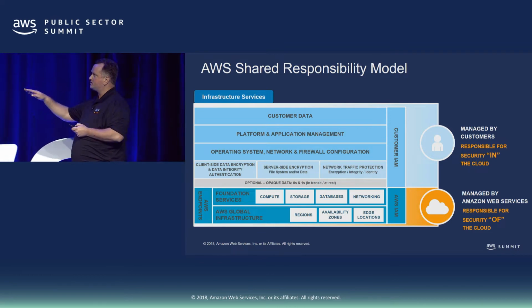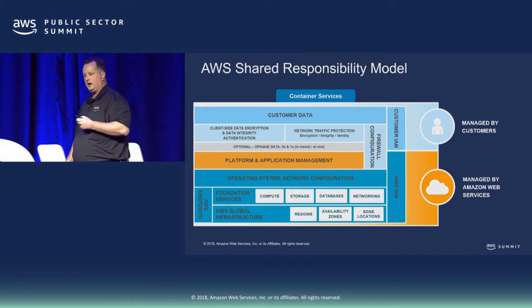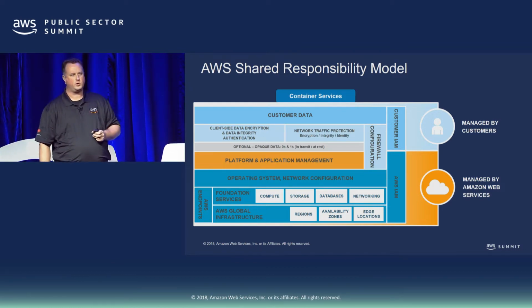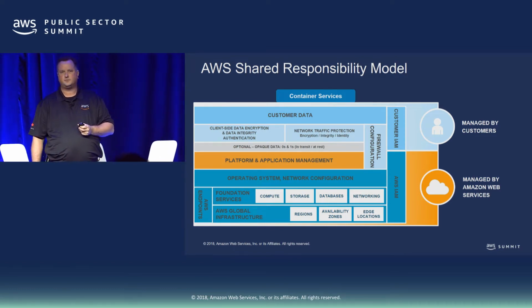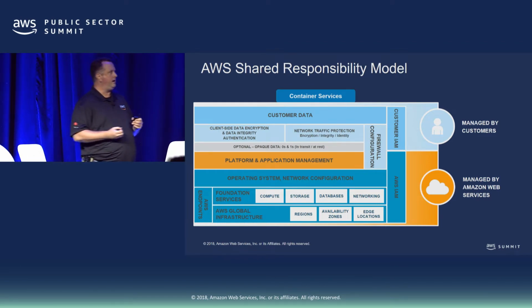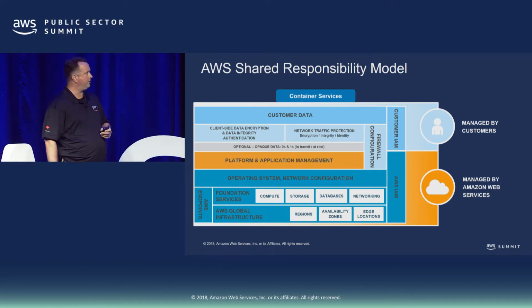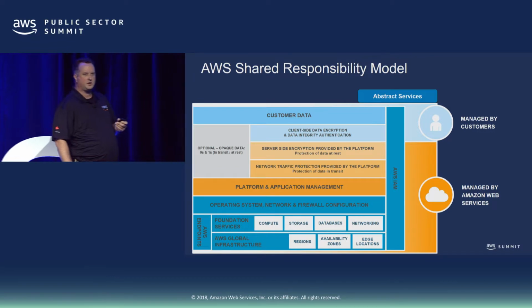So moving from infrastructure services here up to what we call container services, this is where AWS is managing more of the service for you. So an example here would be our relational database service, where you get basically an SQL endpoint, and AWS is managing the operating system and all the replication under the covers. And then evolving from there up to what we call abstract services.